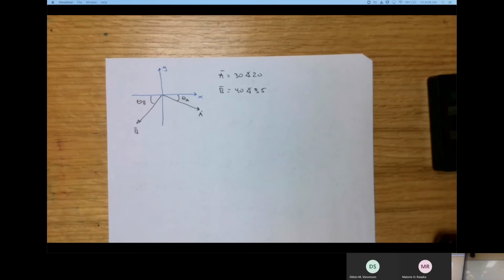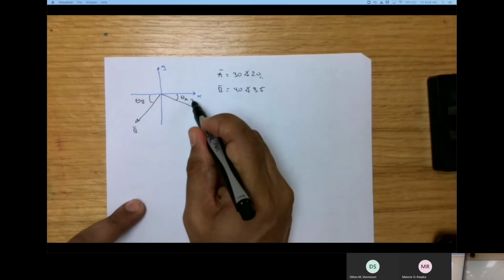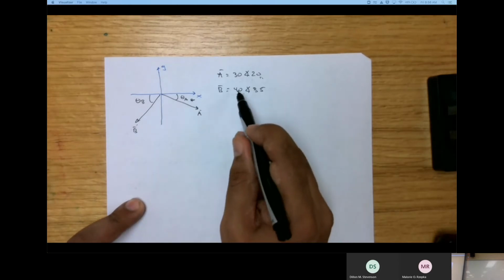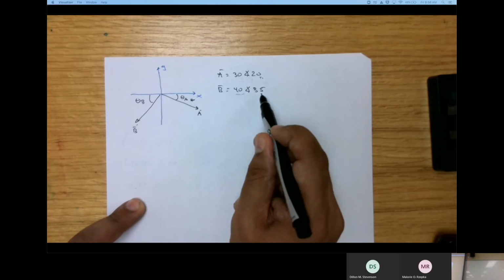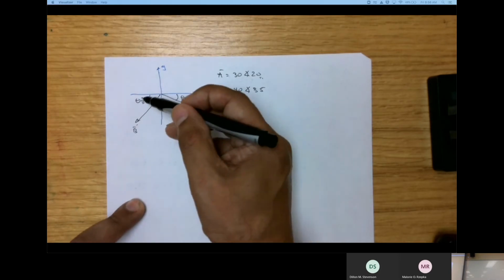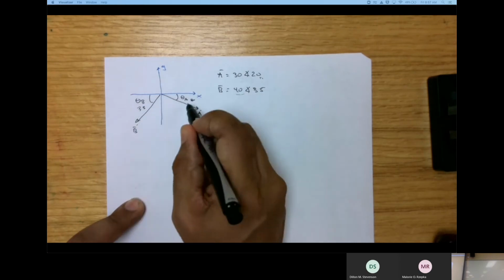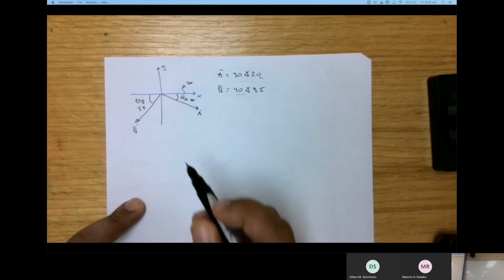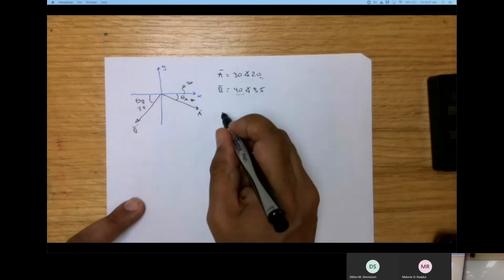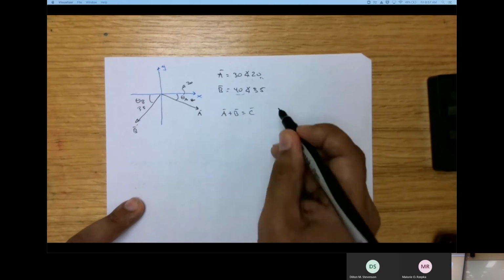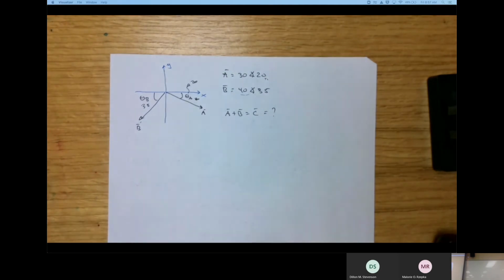So this angle over here represents theta A. And vector B has a magnitude of 40 units and is 35 degrees below the negative x-axis. So this is 35, and this is 20. And what I want to do is just A plus B. I want to know what is the addition of the vectors.